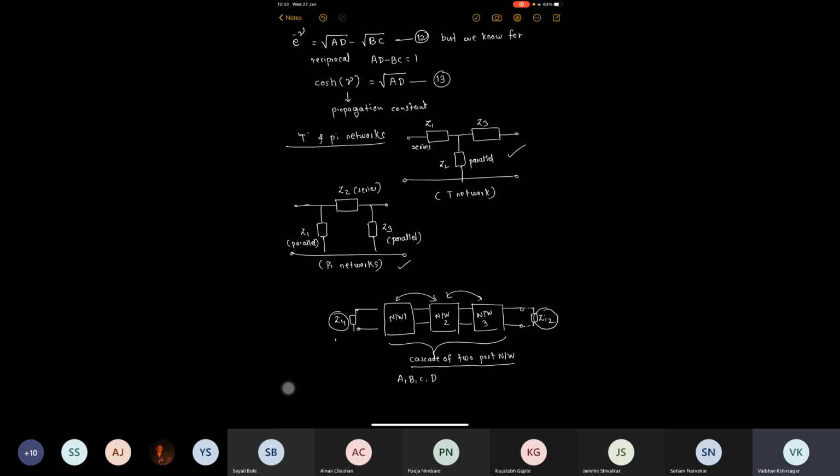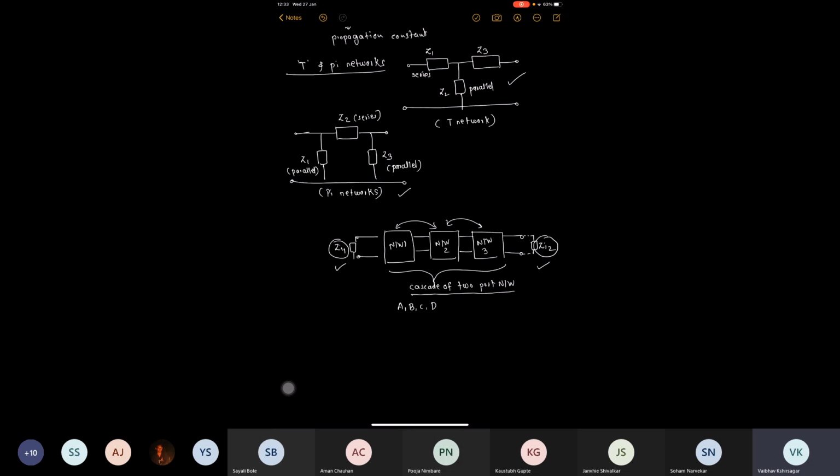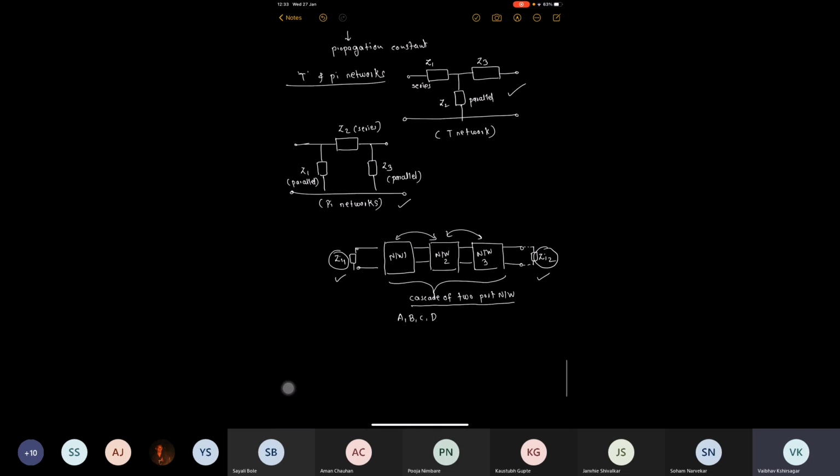This Zi1 and Zi2 is constructed either using a T network or the pi network, based on how many sections we are going to need for the construction of the filter. So this is why we are using the transmission line parameters.